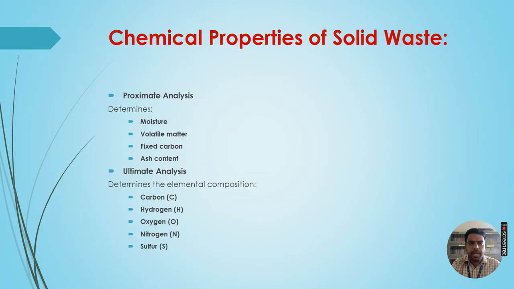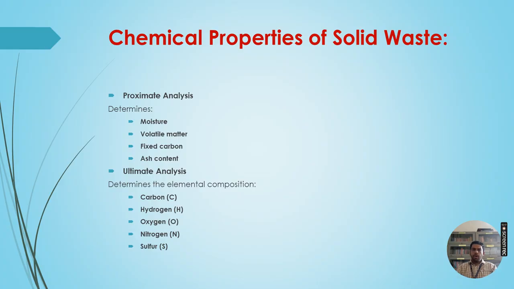Coming to the chemical properties, these are completely linked with chemicals only. Here we have to determine the volatile matter. Volatile means floating matter that occurs in that particular solid waste. Carbon content and ash content are all related to the chemical components, and this is the proximate analysis.